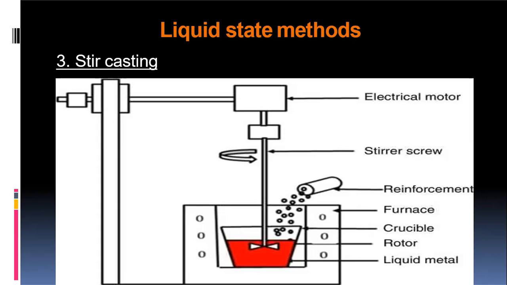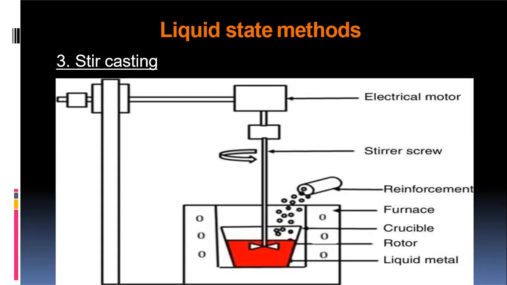Then a stirrer is added in the crucible to stir the molten metal, and the stirrer screw is stirred when the reinforcement is added to it. And the electric motor is used to rotate the screw.